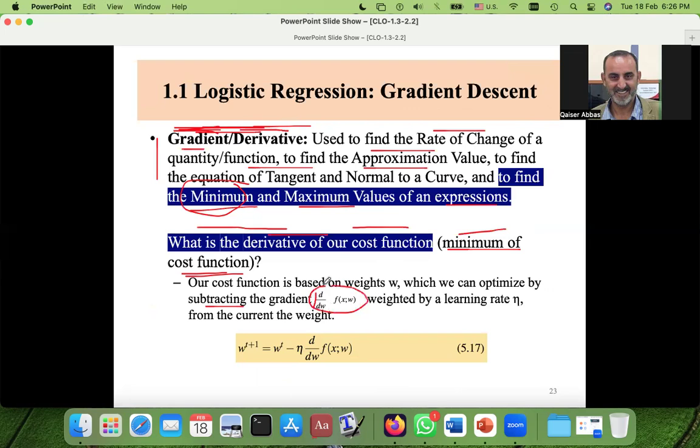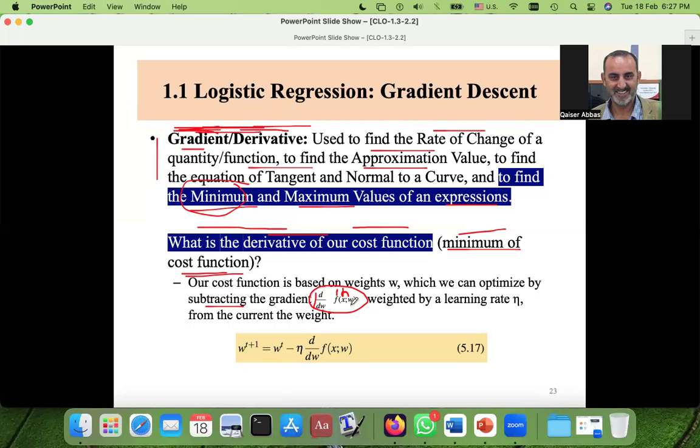This is a function f of x, w which takes input x and maps between the input and the weight. For example, x1 gives you w1, and if x2, then you have its respective weight w2, or something like that.